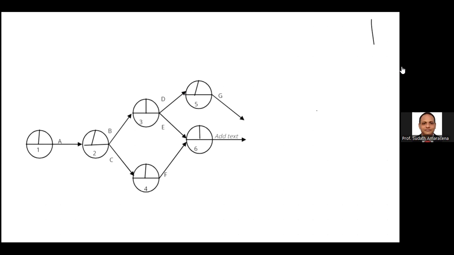For J also, we should complete H only. From event number 7, the two activities I and J can start.